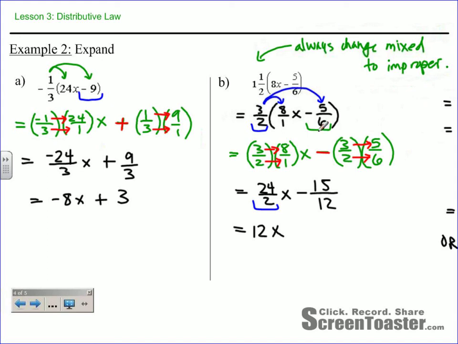You're thinking about a number that goes into the numerator and the denominator. That number's 3, of course. So 15 divided by 3 is 5, and 12 divided by 3 is 4. So 12x minus 5 fourths. Now, if at this point you wanted to change 5 fourths into 1 1/4, you could do that. But the improper version of that fraction is okay as well.